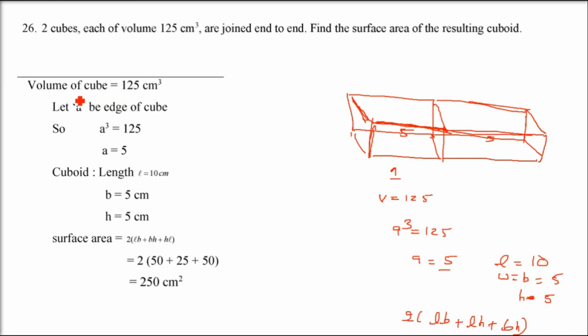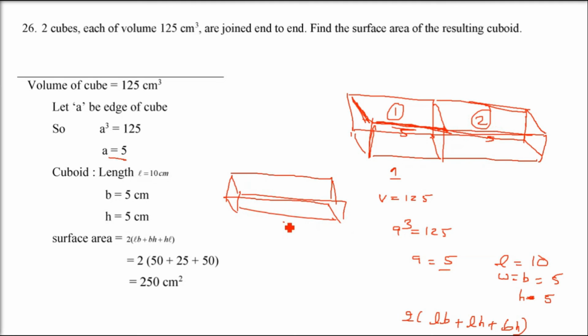Let me tell you again, the volume of each cube is 125 centimeter cube, so a is 5. Length is 10 when you combine them. Breadth is 5. Just assume it to be one shape, with the length becoming 5 plus 5, 10.